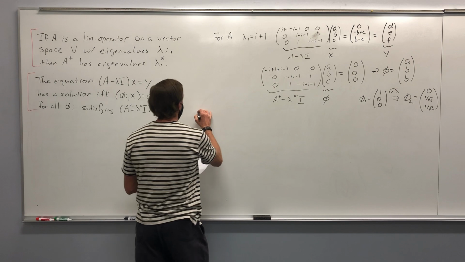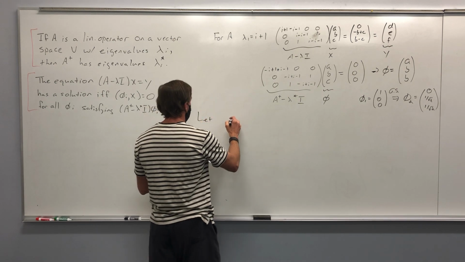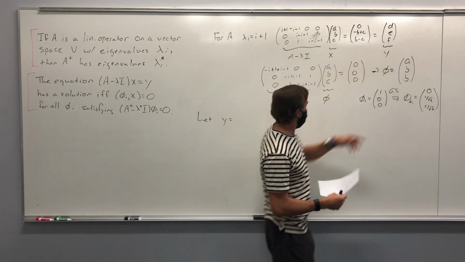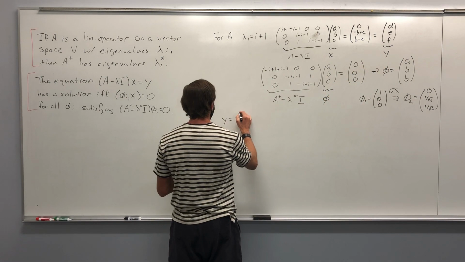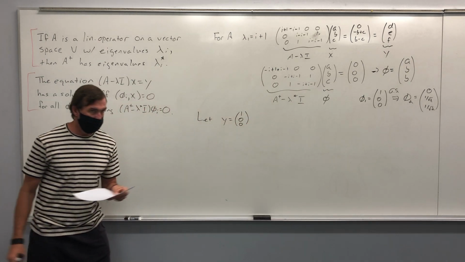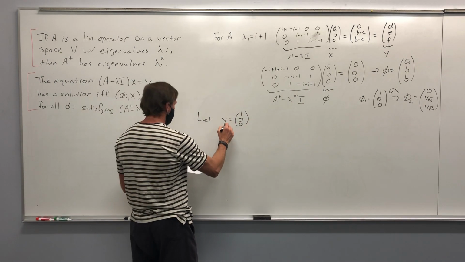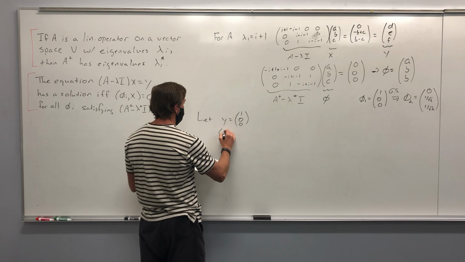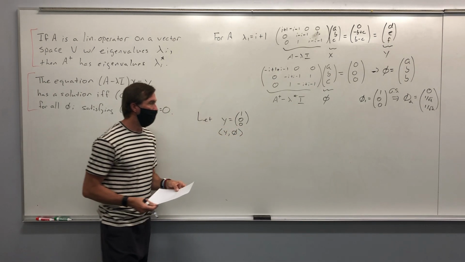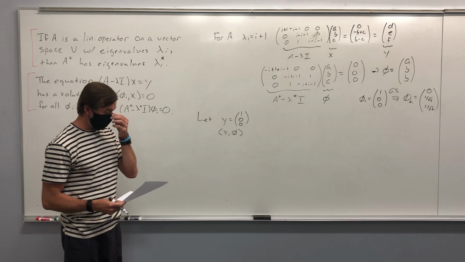Okay, and now what I want to do is let y here be equal to 1, 0, 0. Now if y is equal to 1, 0, 0, what is the inner product of y with phi? Is it 0?